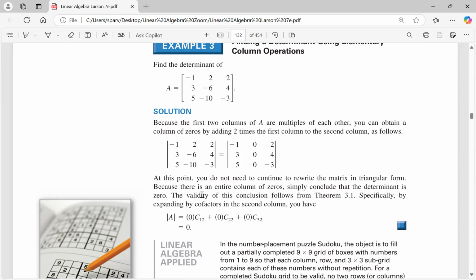Same thing happens. Now, check out this matrix. The first row, -1, 2, 2. If I multiply the first row by 3, what do I get? -3 times -1 is 3, -3 times 2 is -6, -3 times 2 is -6, so it's not 4, that's fine.